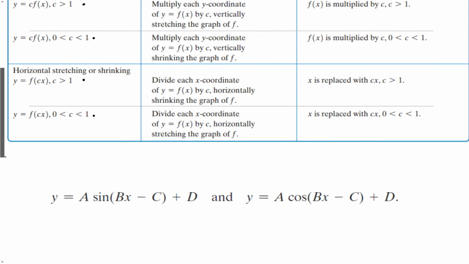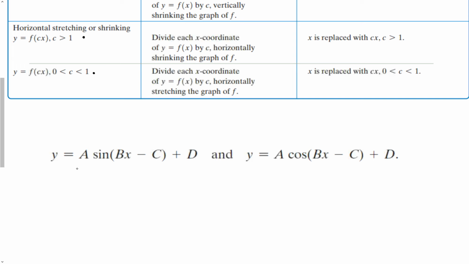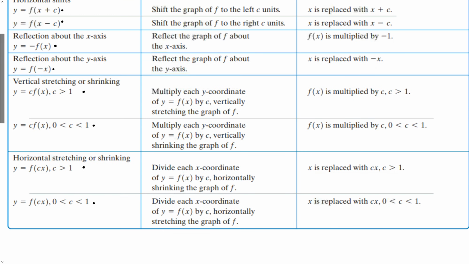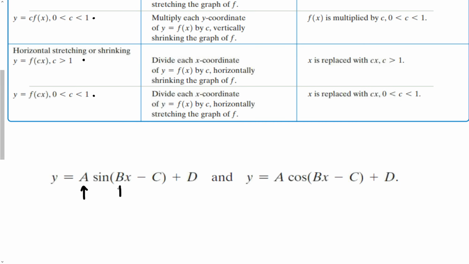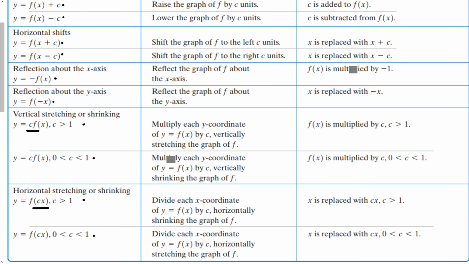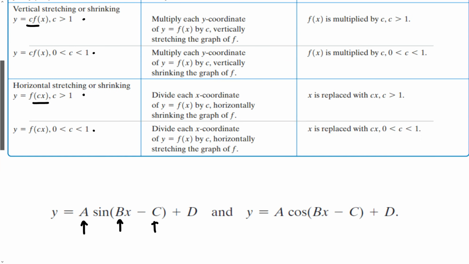If we look at my sine and cosine function, that number there is going to vertically stretch or compress the function because look where it is. It is in the front. This number there is going to horizontally stretch or compress the function. This number there is going to shift the function left or right because it's inside the parentheses.